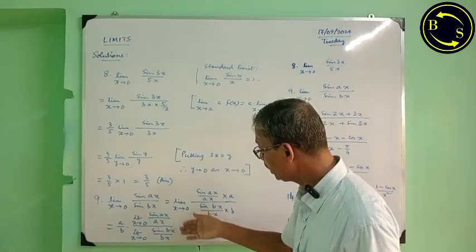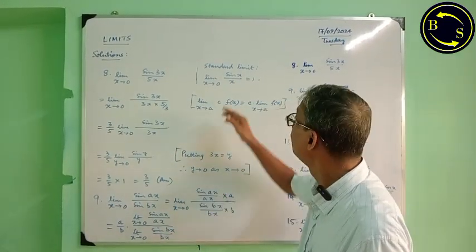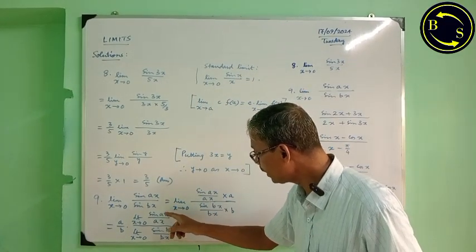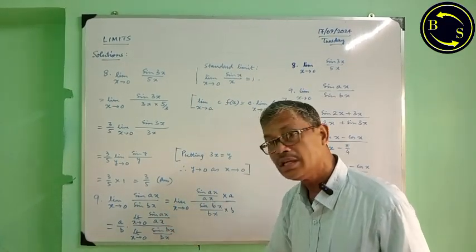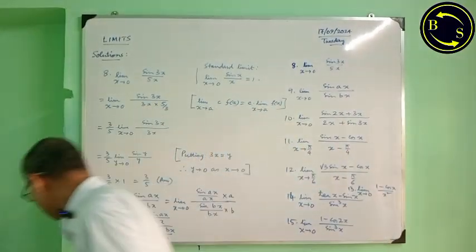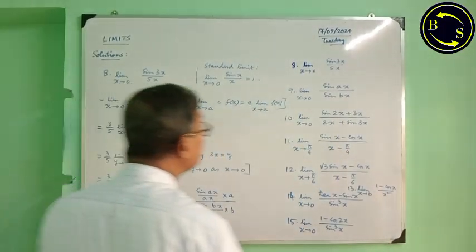And we are getting the standard form like this, though here the angles are ax and bx. For removing that, we have to change the variable.